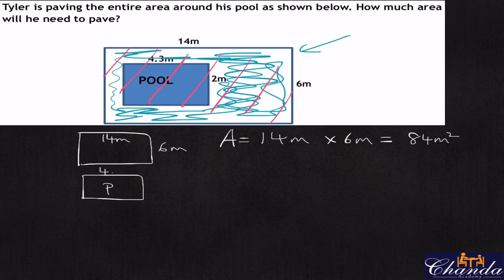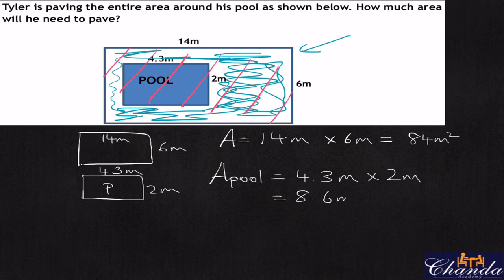So the area that he needs to pave, so the area of the paving, is simply 84 meters squared minus the area of the pool, which is 8.6 meters squared, which gives me 75.4 meters squared. So it says how much area will he need to pave?